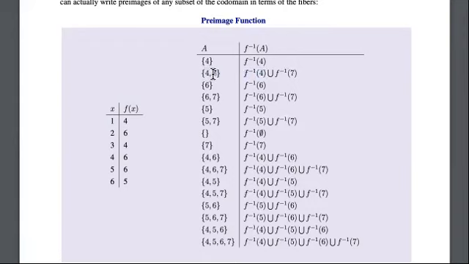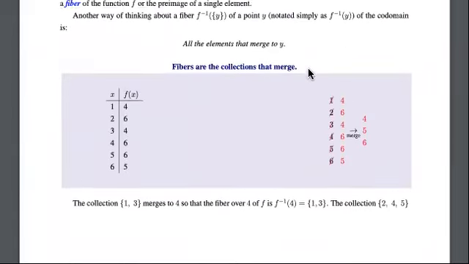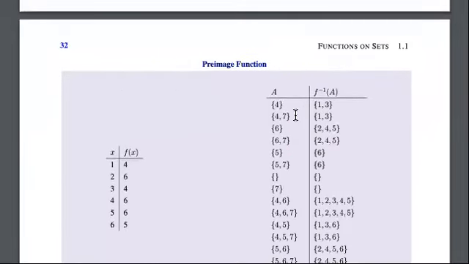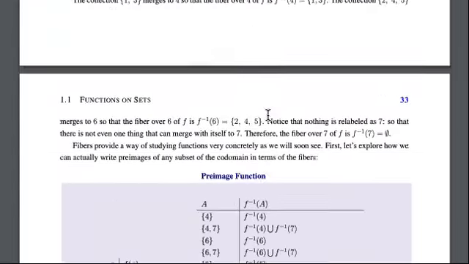So the preimage of 4, the preimage of 7, we union them together. Notice that 7 doesn't contribute anything because its preimage is the empty set. In fact, if you look back at this function table to compare notes, we have {1, 3} as the preimage of 4 and of {4, 7}, in both cases.